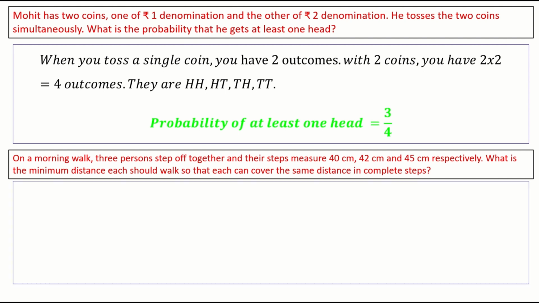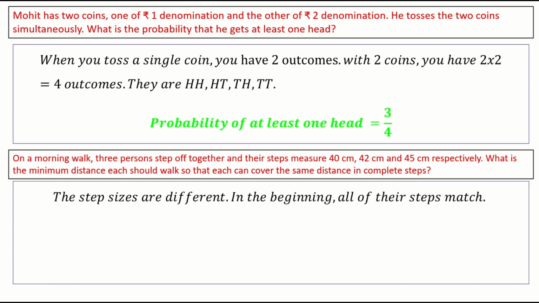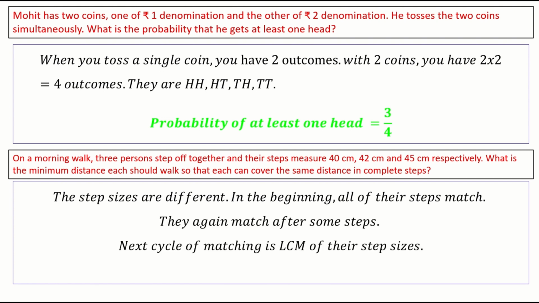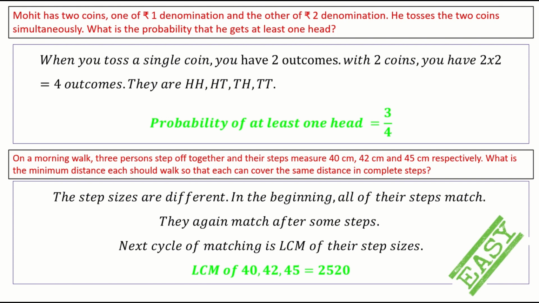Step sizes are different in the beginning, all of their steps match, and they again match after some steps. The next cycle of matching is the LCM of their step sizes. You have multiple ways to get the LCM of these three numbers. That is 2520. So the problem looks easy. Next.